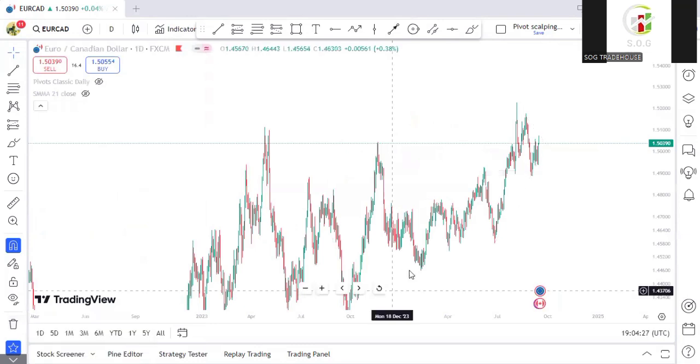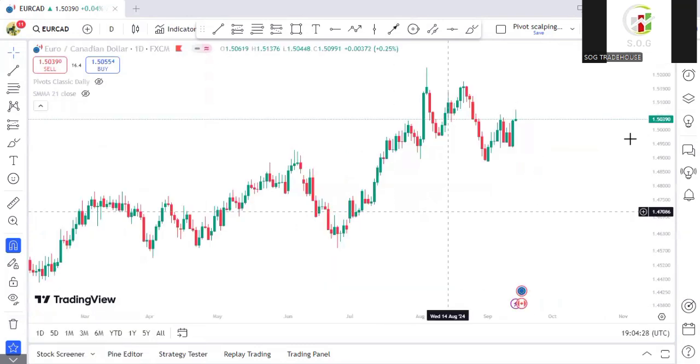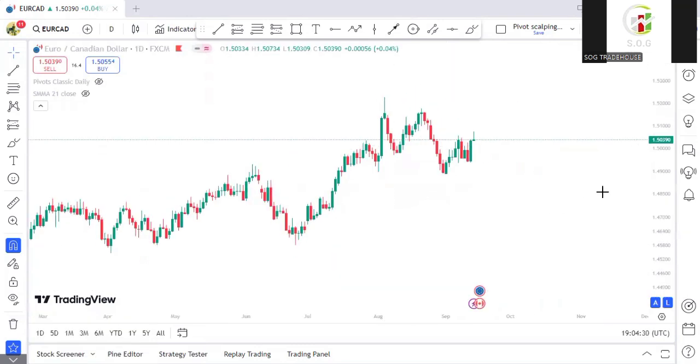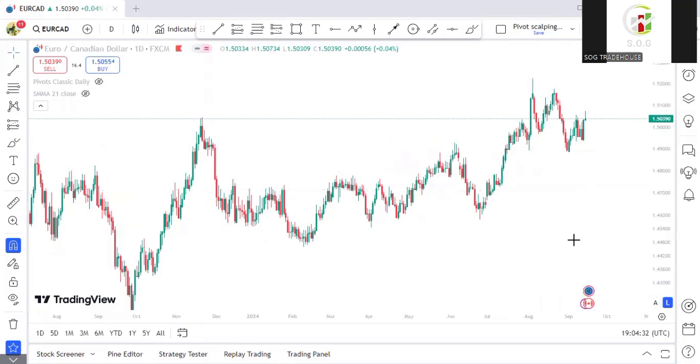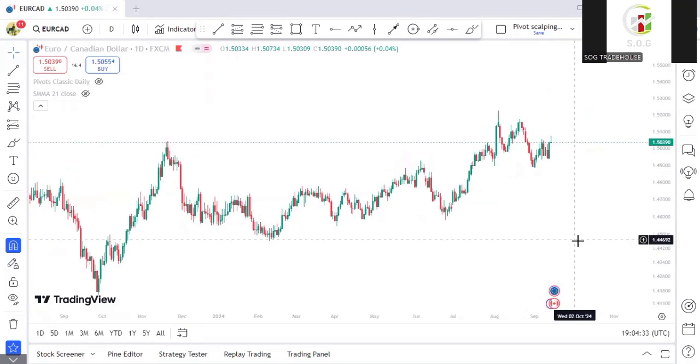So this is EURCAD on the daily time frame. Looking at EURCAD on the daily time frame, you can see an obvious uptrend.